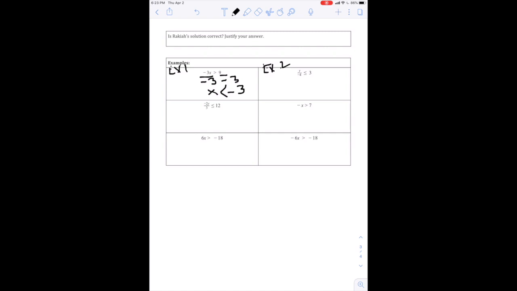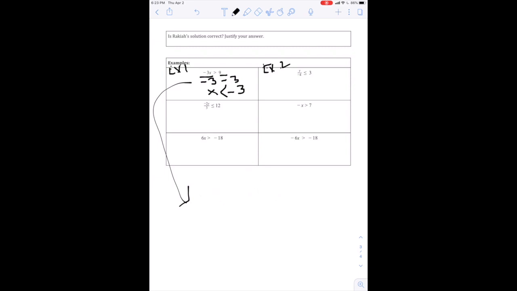Well, let's check it. I'm going to check down here. So if I substitute negative 3 as my value for x, hold on, let me fix that. That was kind of sloppy.